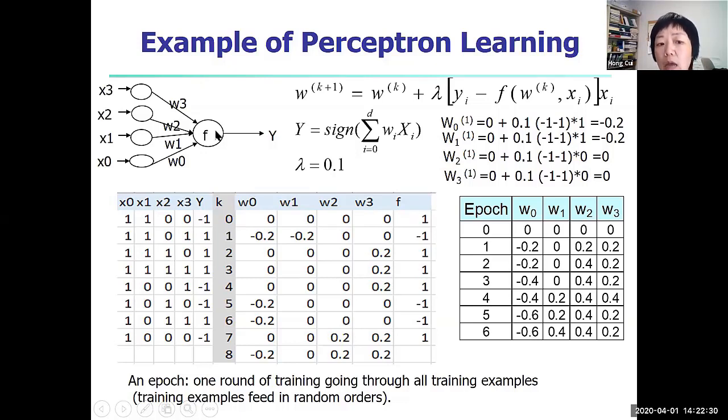Then we compare the system's output with the truth, find the error, and then adjust the weights. Here we only have one layer of weights; when you have multiple layers, the error is propagated back. It's called back propagation. So every weight in this network is adjusted for the next example.